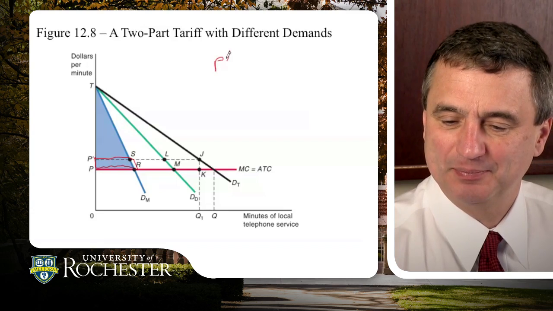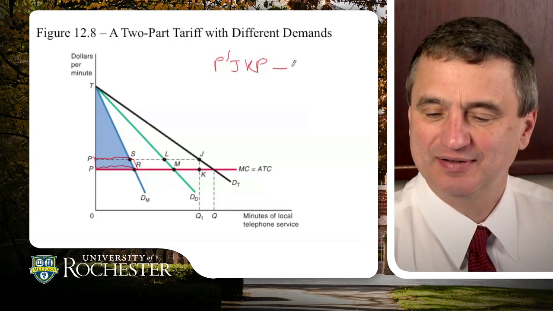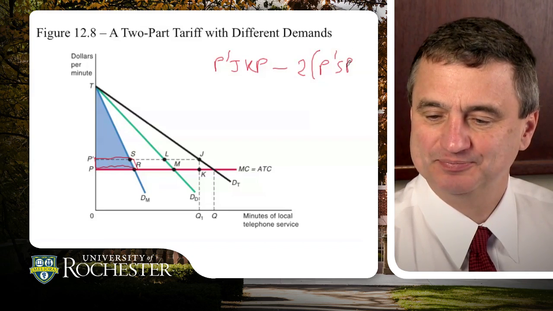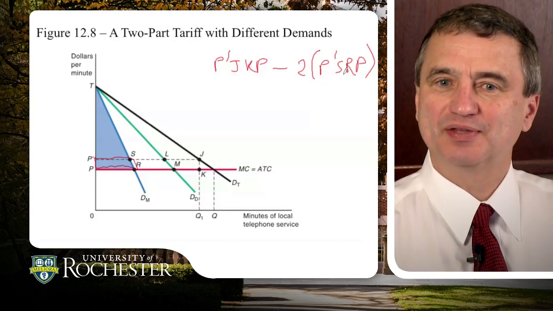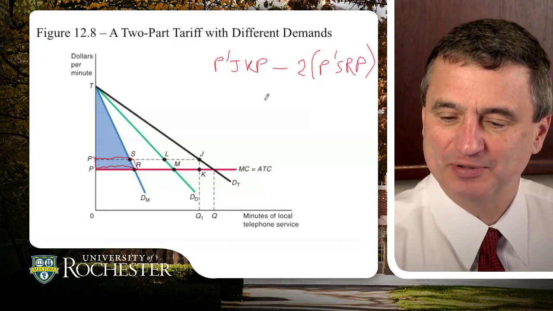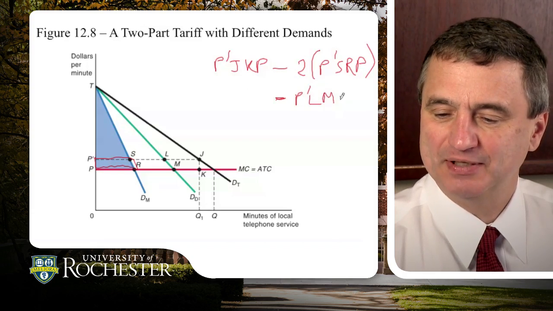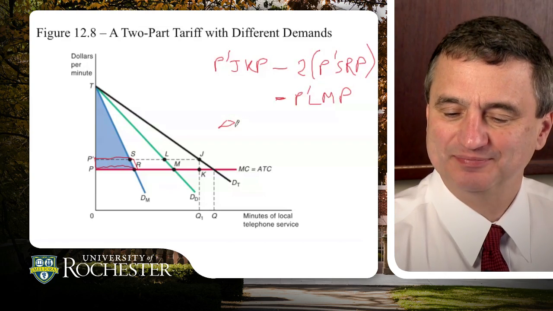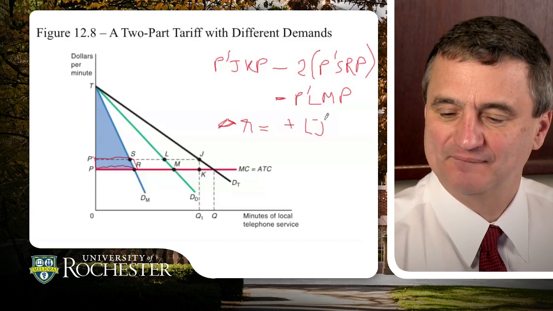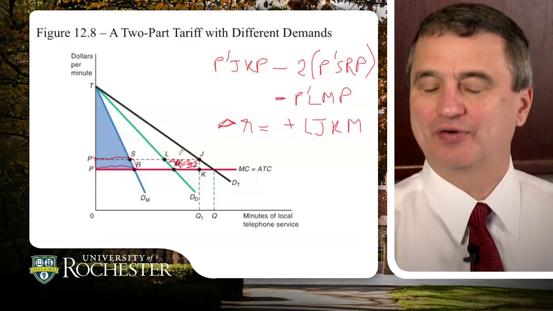So we picked up P prime J K P, but then we lose out 2 times P prime S R P. And since Donald's demand curve is twice as large as Martha's, that 2 times P prime S R P is the same as P prime L M P. So the change in profit, the delta in profit, equals a positive L J K M. Equals this trapezoidal area there.